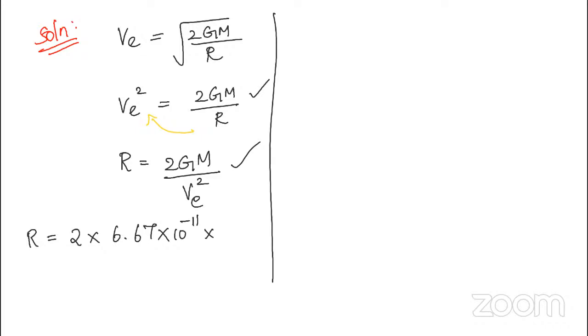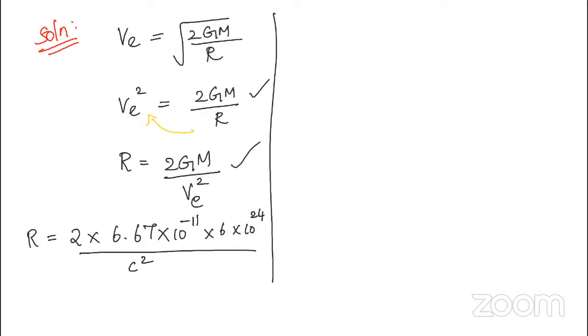It is 6 into 10 power 24, divided by VE square, which we can simply write as C square.